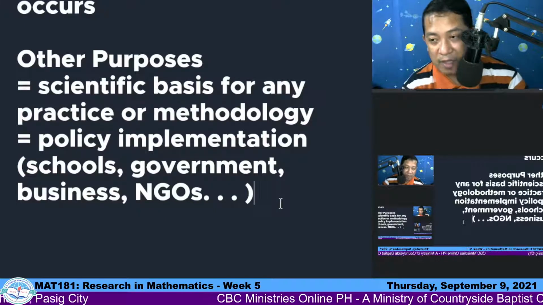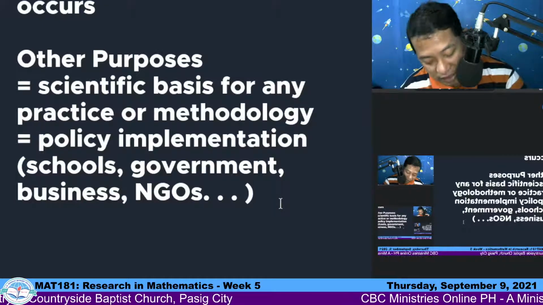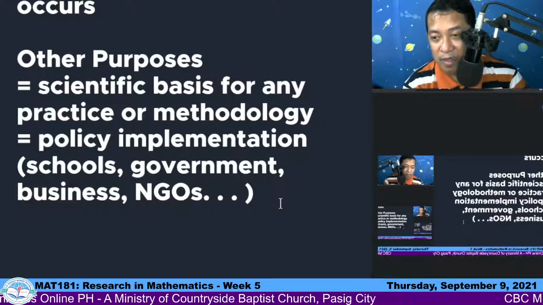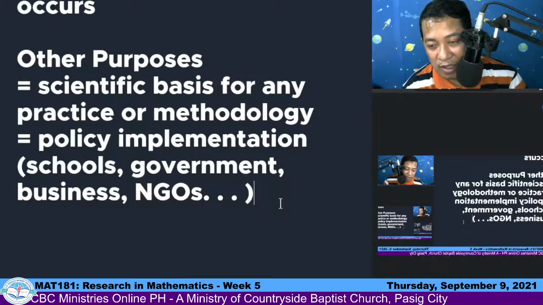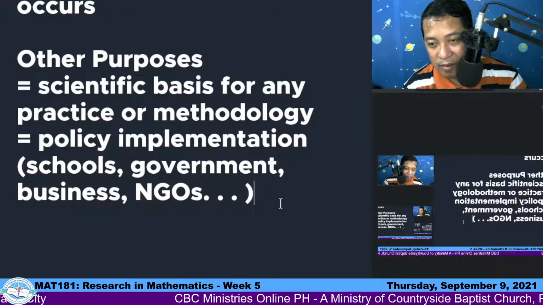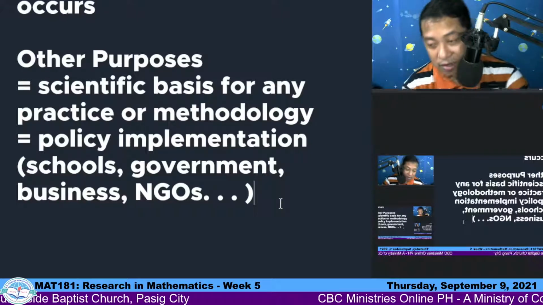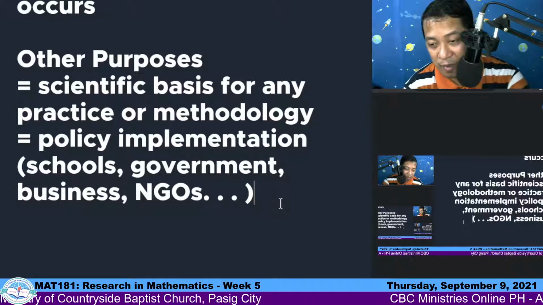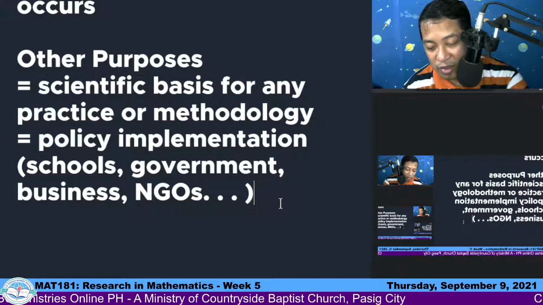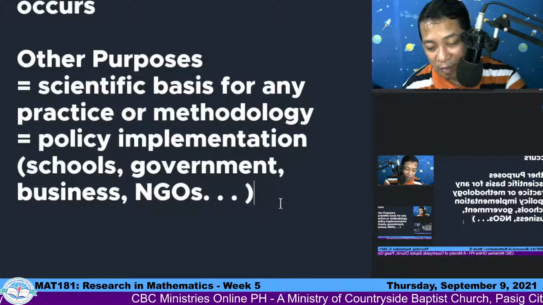Lalo na yung mga policy implementation, hindi ka mag-i-implement ng isang polisiya na will not undergo research, no? For instance, yung bakuna. So yan yung ano ba yung i-approve ng Bureau of Food and Drugs, no, BIPAD. Tama ba ako? So yung nag-a-approve niyan. So there must be an approval to this bureau or agency prior to the usage or the commercial use of this vaccine to be used for public purposes, no?